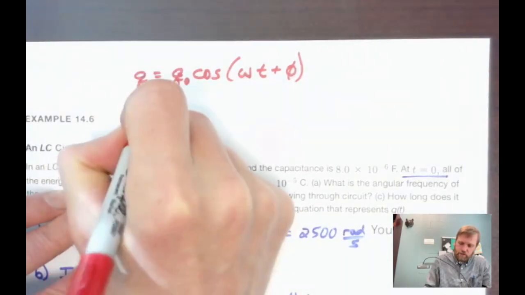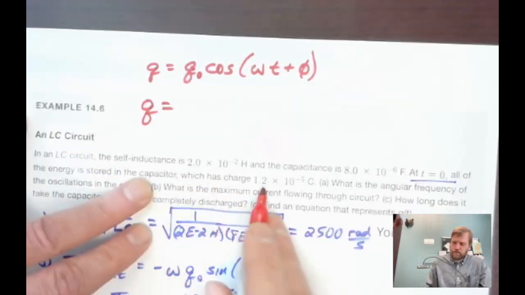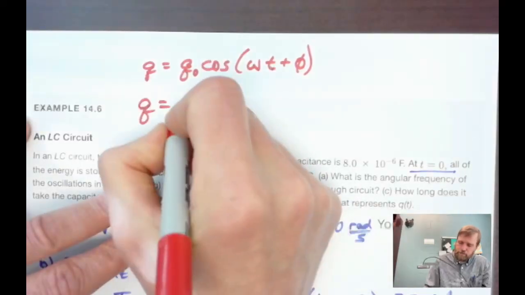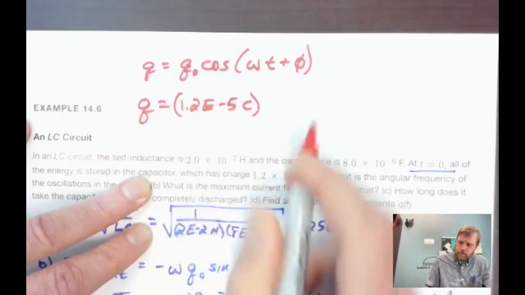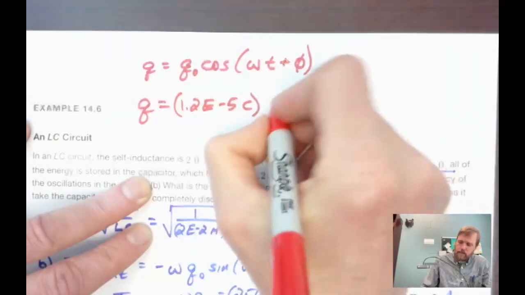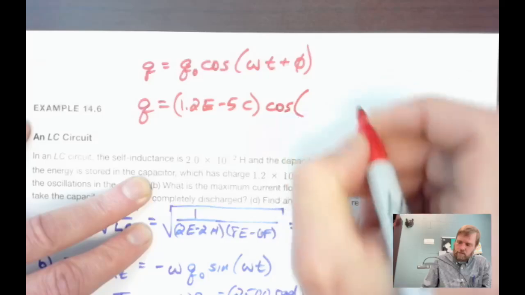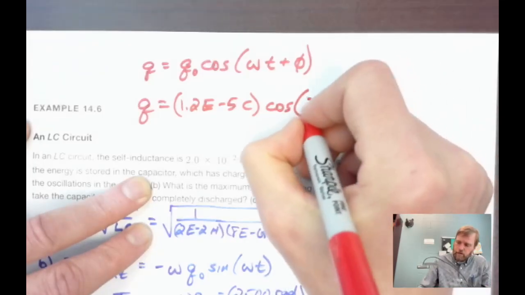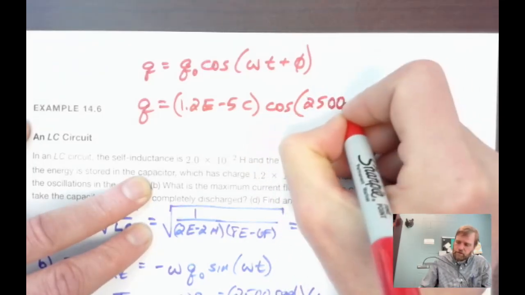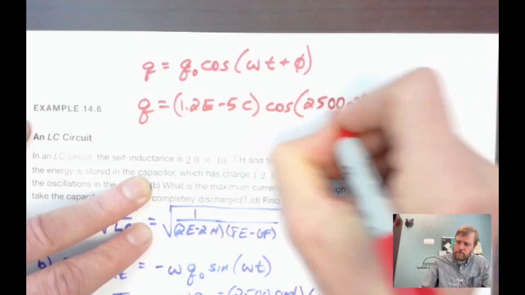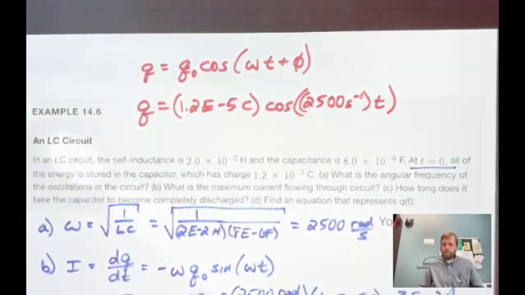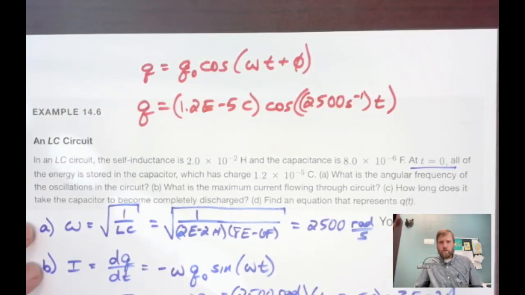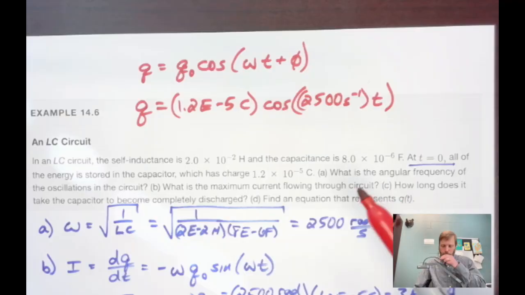All we need to do is plug everything in. So we're going to plug in 1.2 times 10 to the minus 5 coulombs, that's Q naught, and then we've got the cosine of 2500 per second times t. And there's our equation for the charge on the capacitor.